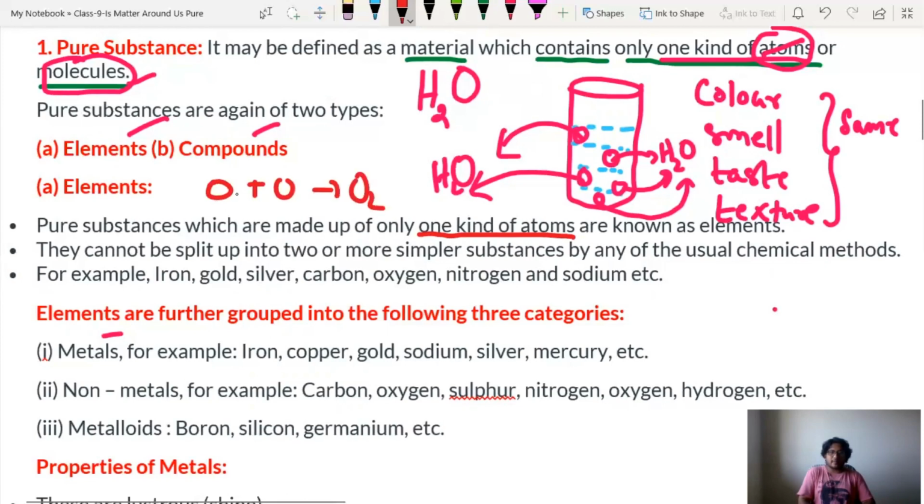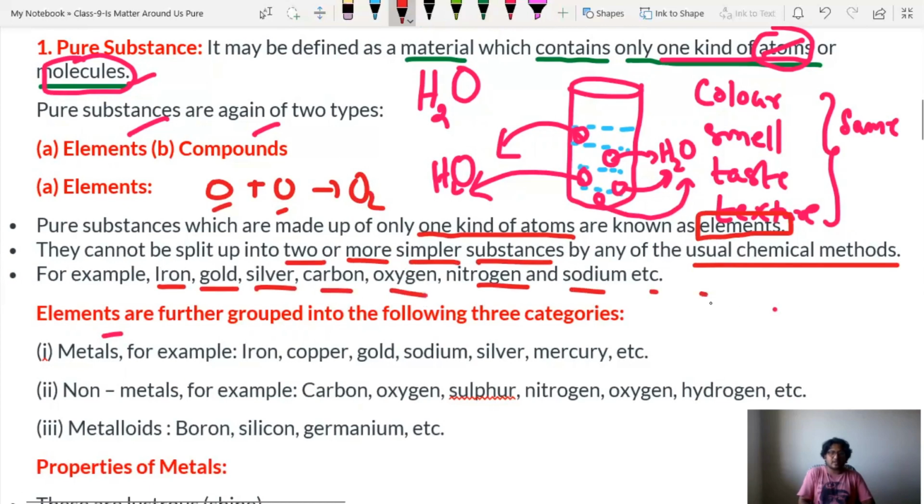It is made up of only one kind of atoms, that is known as an element. And one property you can observe is that they cannot be split up into two or more simpler substances by any chemical methods. Here we cannot separate O2 by means of chemical methods. That is the thing. And the best examples you can take are iron, gold, silver, carbon, oxygen, nitrogen, sodium, etc. These are all examples of elements.